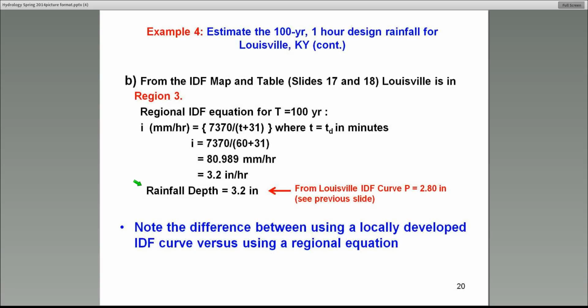Anyway, there's a difference between locally developed IDF curves versus regional. Some of your review manuals might have a different equation table, but it doesn't matter which one you use, they all give about the same. In this case, obviously there's a difference when I used the IDF curves for Louisville versus the equation. Obviously, it's better to use the locally developed IDF curves if you have them available.